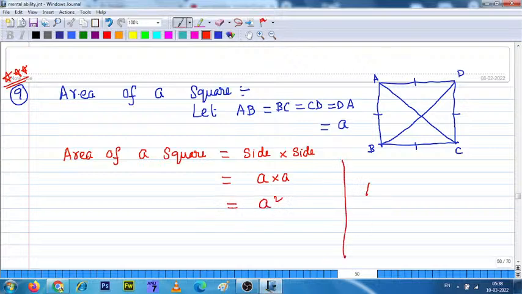So that means since the sides are equal, you can write A into A, or A squared. In a simple manner, the area of a square is given by side squared.